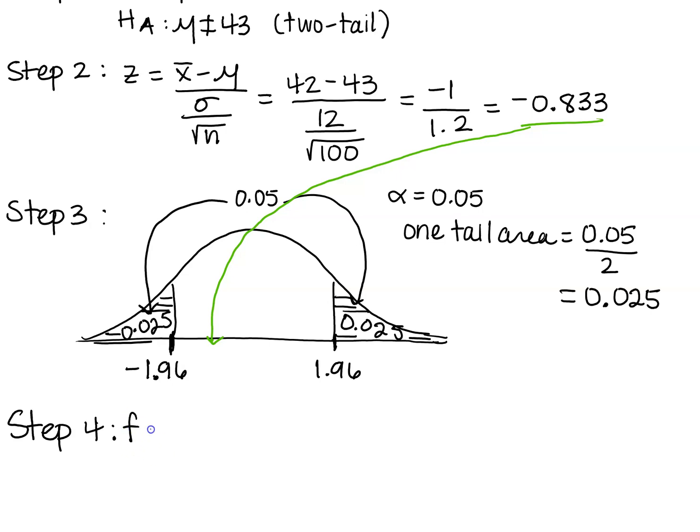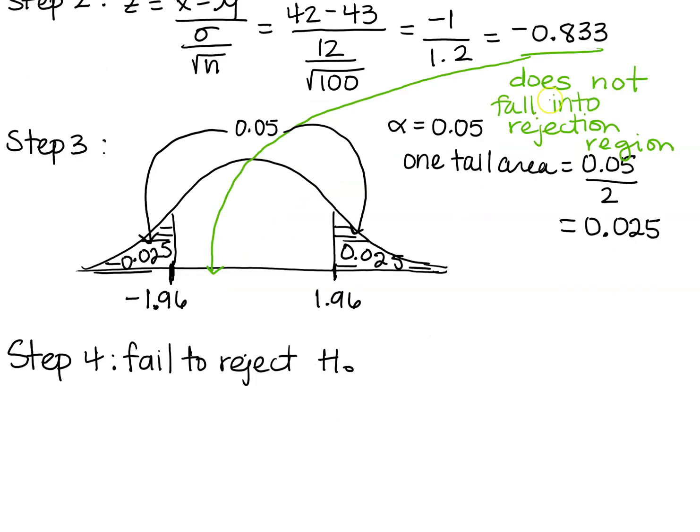And so our decision for step 4 is that we fail to reject H0. The test statistic does not fall into the rejection region. So since that does not fall into the rejection region, we are failing to reject H0. So I'm not going to cross out H0. I am instead going to cross out HA.